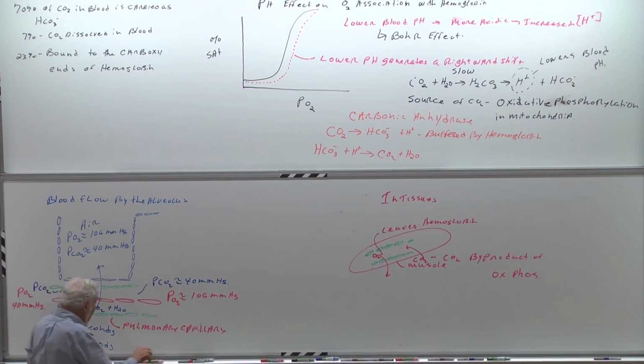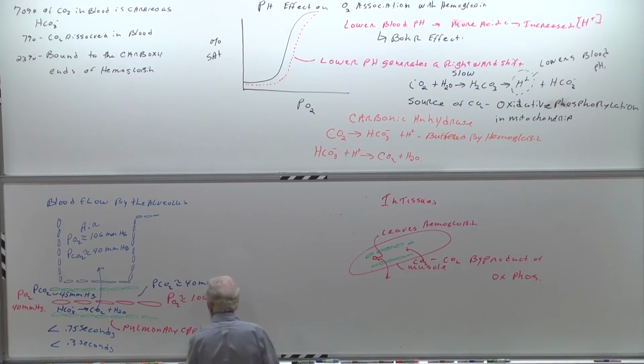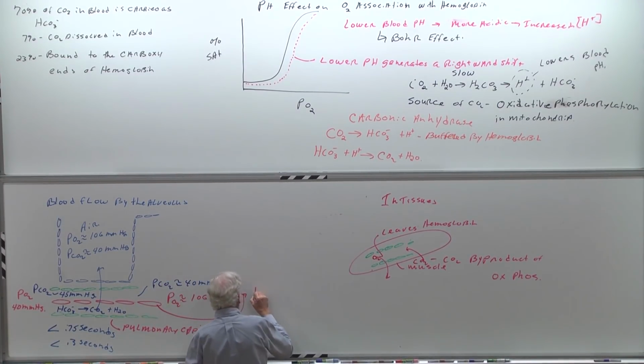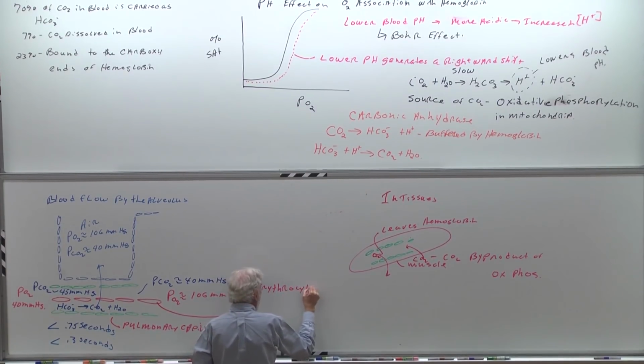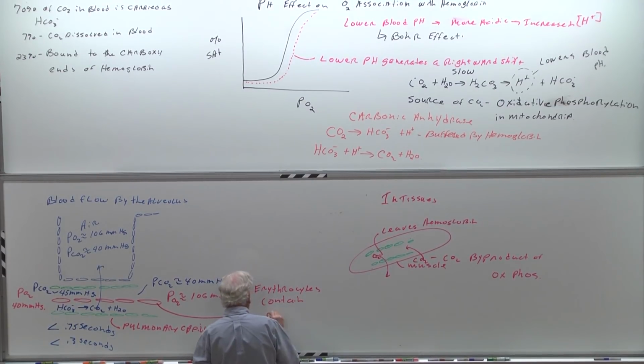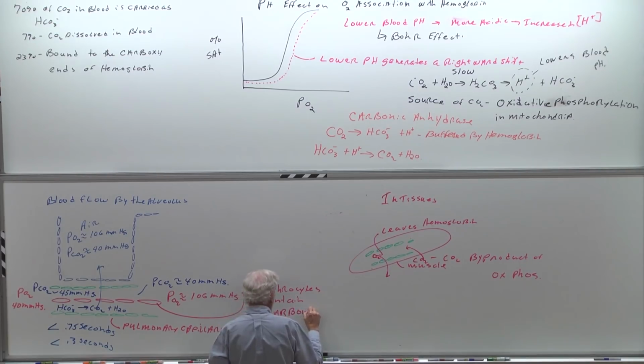So one of the most common enzymes in erythrocytes contain carbonic anhydrase.